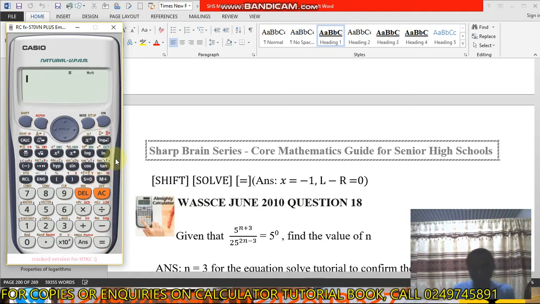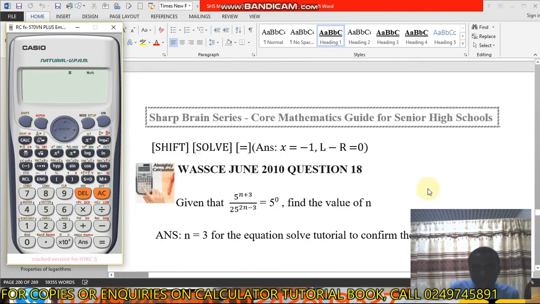Then you clear all. So whenever you solve an equation with your calculator and the value of the LR does not approximate to 0, it means that the answer given is wrong. Please reset your calculator and do the entry once again.